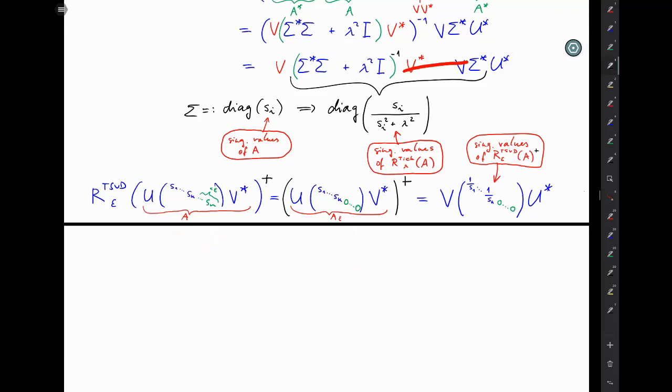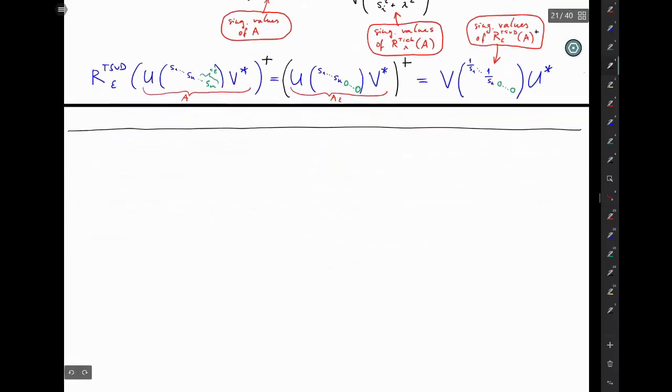So let's start a nice long table here where we compare the singular values of A inverse, well, if it exists, then the solution operator for TSVD with parameter epsilon, and finally the Tichonov solution operator with parameter lambda.